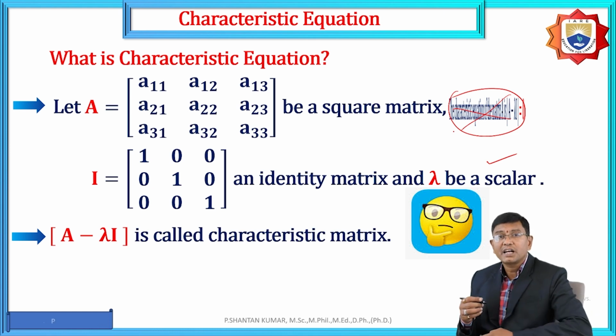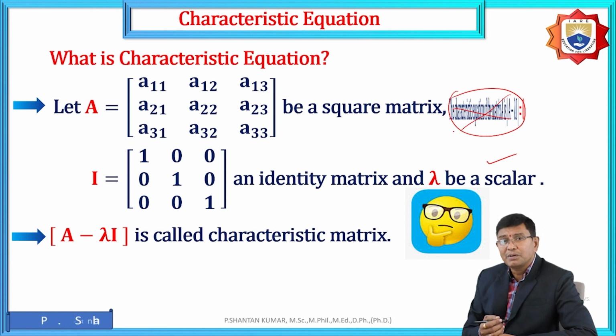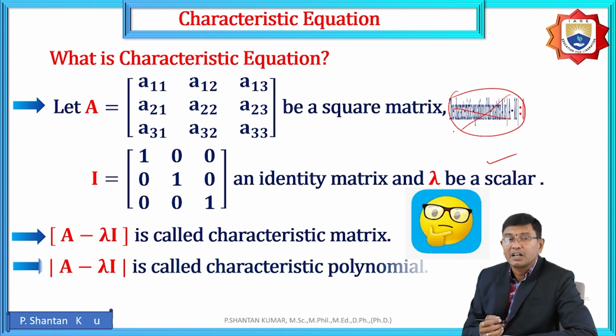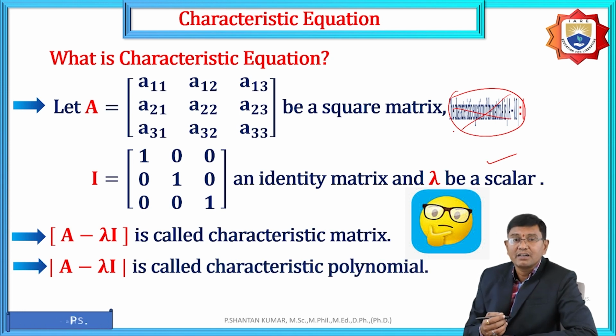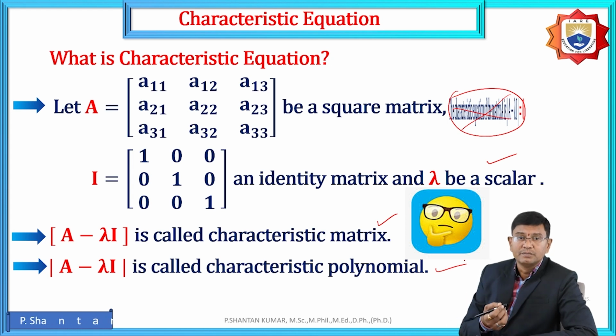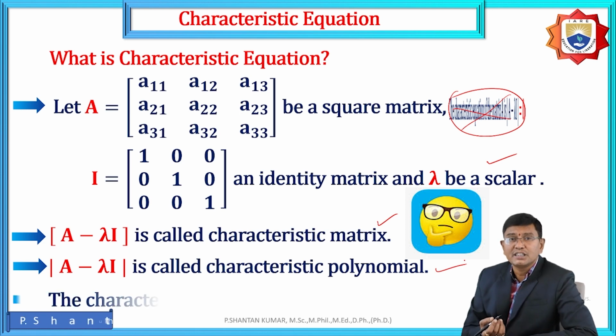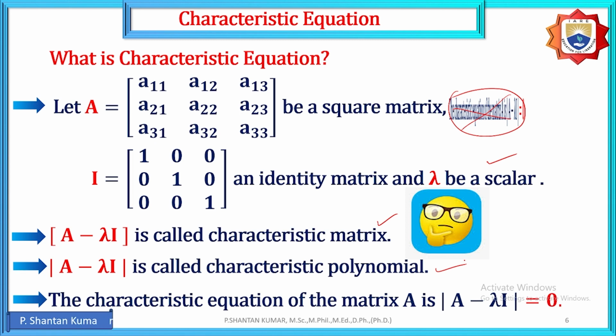That means with the help of the matrix A, lambda as a scalar, and I as the identity matrix, the matrix A minus lambda I is called the characteristic matrix. Further, if we find the determinant of A minus lambda I, it is called the characteristic polynomial. That means first we need to find the matrix, and after that we find the determinant, which is the characteristic polynomial. And whatever polynomial we obtain, if we equate it to 0, that is, the determinant of A minus lambda I is equal to 0, it is called the characteristic equation.